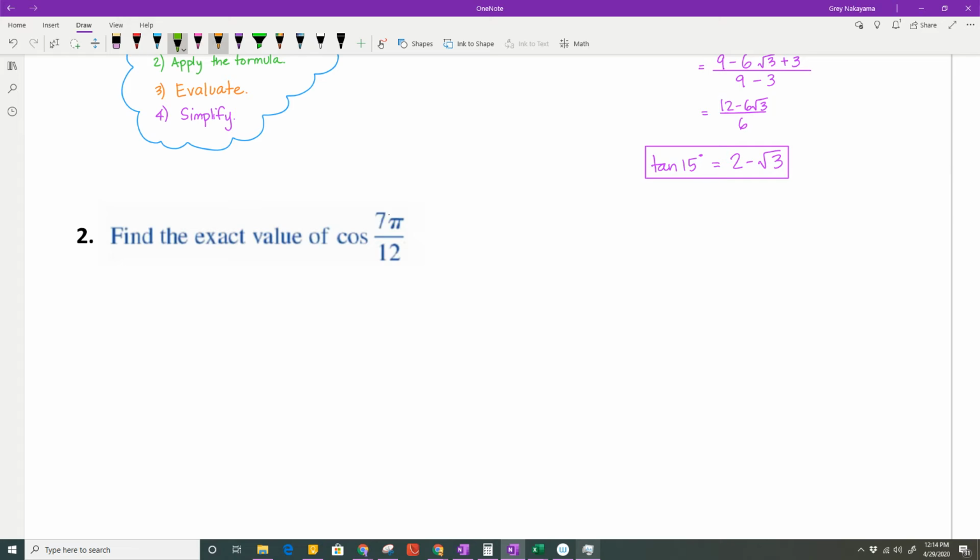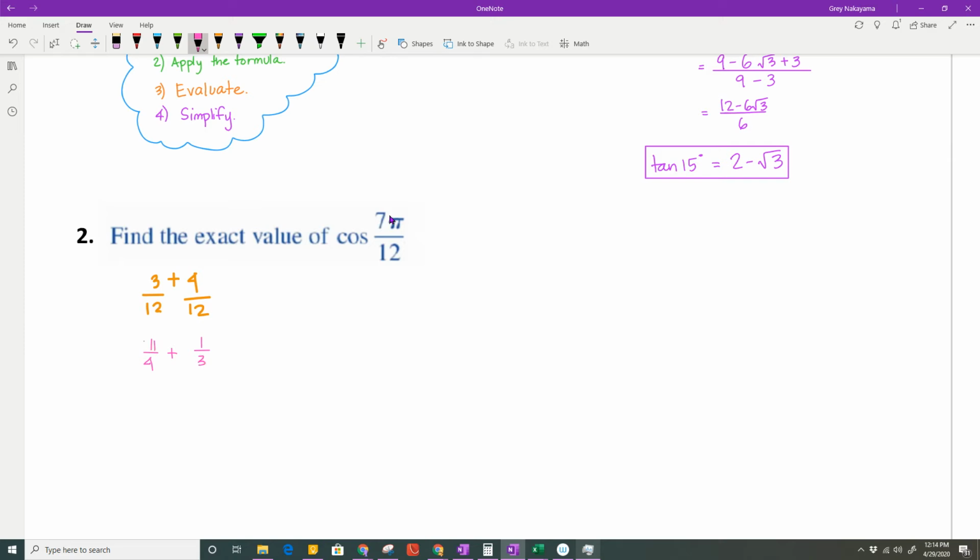I didn't have this written down, so I'm going to write it. 3 plus 4. If you put both of those numbers over 12, then this reduces to 1 over 4 plus 1 over 3.